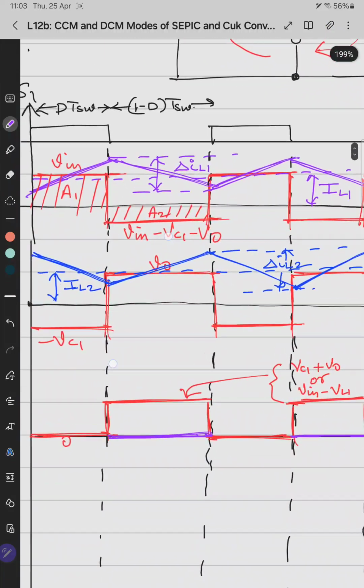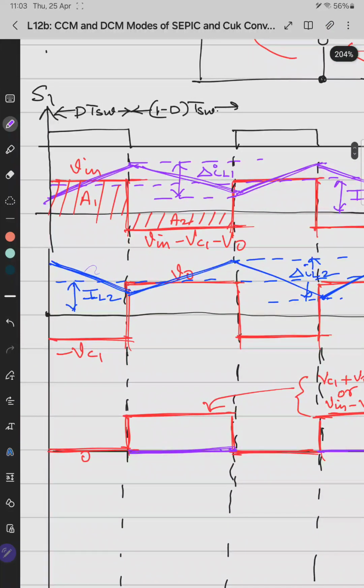The waveform of IL2 has a falling slope, so we can write y equals minus mx plus c. If you multiply by a negative sign, y equals mx minus c. So the intercept becomes negative and the slope becomes positive.